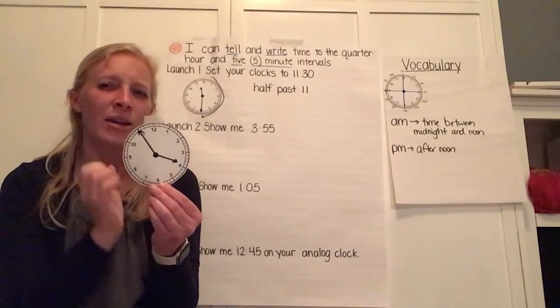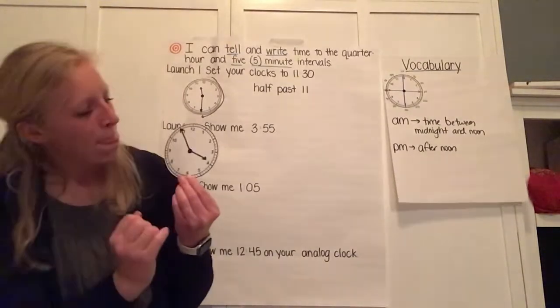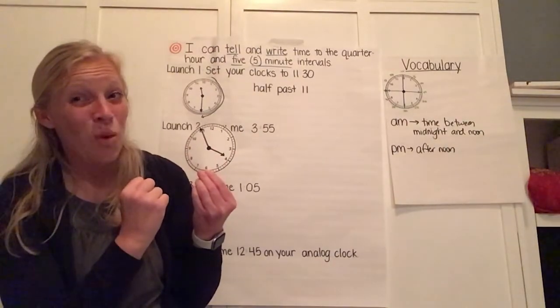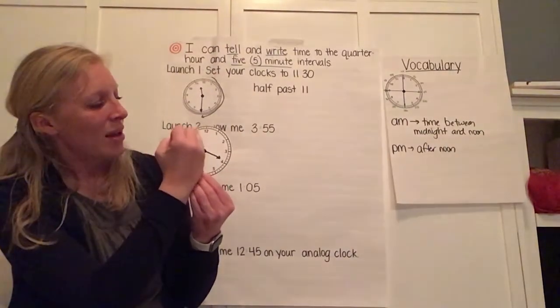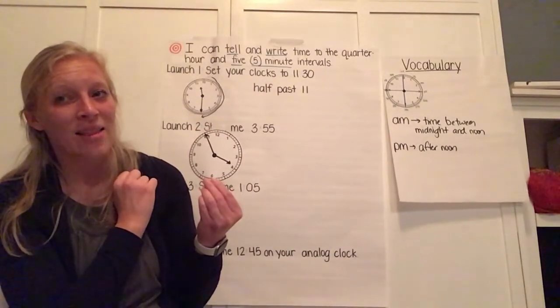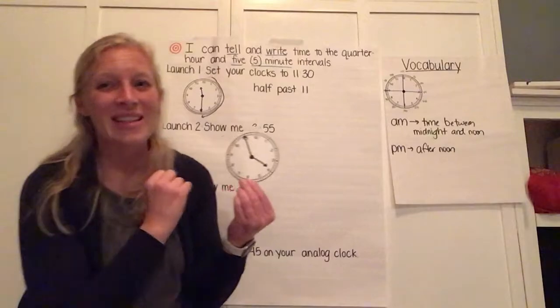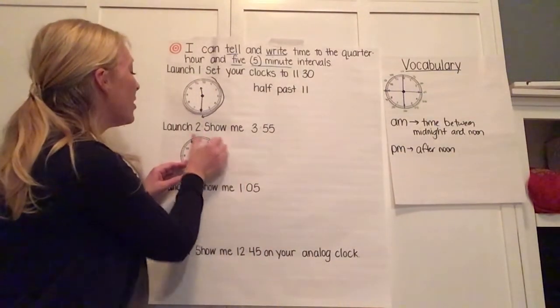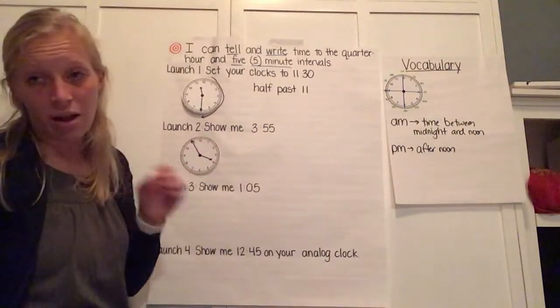Where's my hour hand? What do you notice about it? It is closer to that 4. Because why? It's almost gone completely around my clock. We might even say that this time is 5 till 4 o'clock.